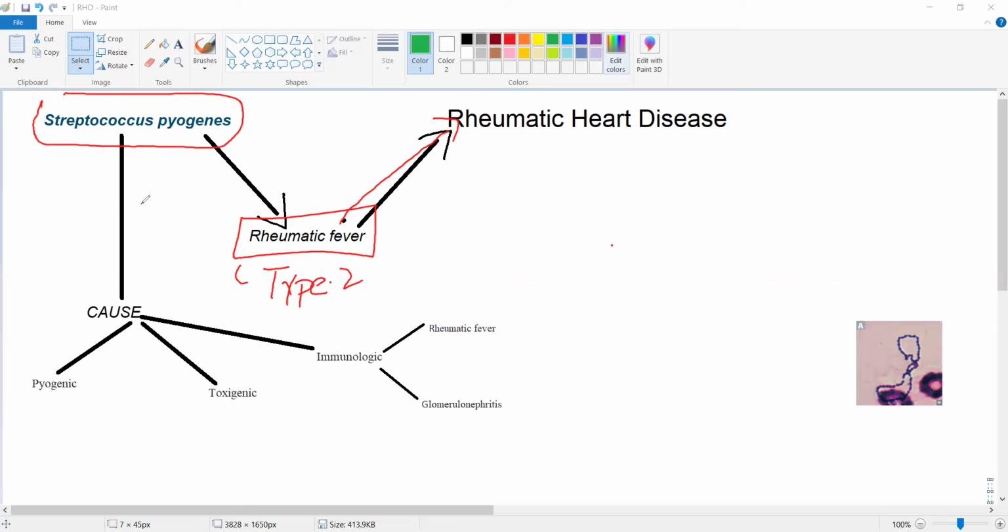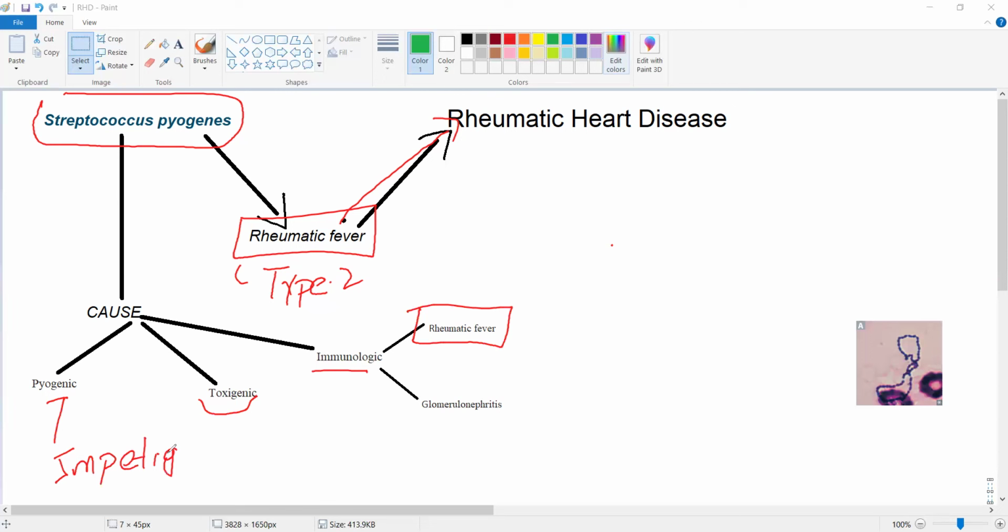Streptococcus pyogenes does not only cause rheumatic heart disease, it also causes other things. It may cause pyogenic infections, toxigenic problems, and immunological problems. I'm discussing only rheumatic fever. The pyogenic ones are mainly skin infections: impetigo, cellulitis, pharyngitis.